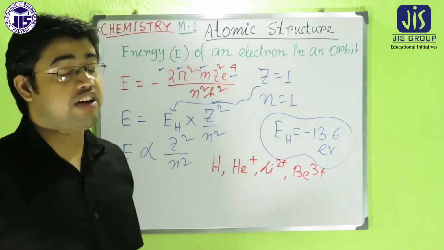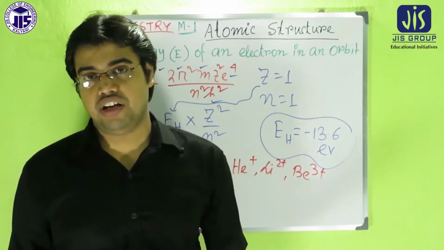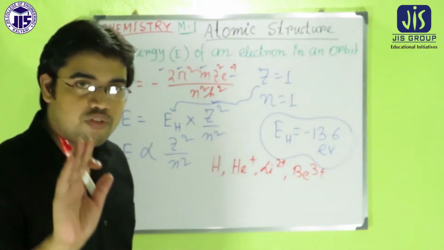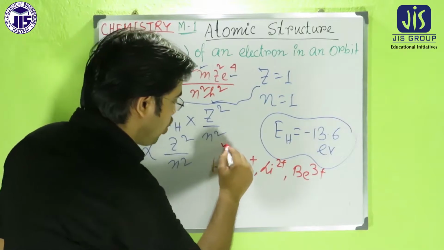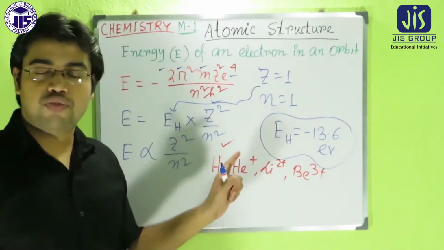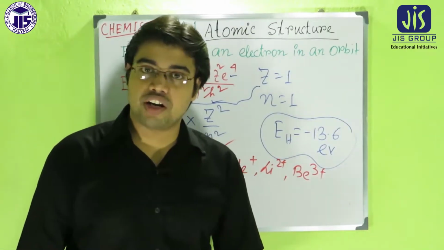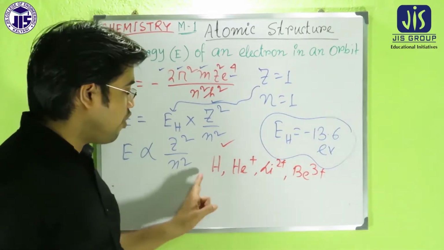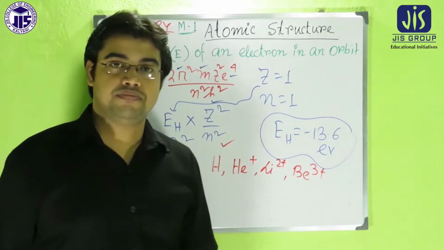Otherwise there will be no scope of practice in your case. So it's my request to all of my students that please pause the video here and try to solve what will be the order, either increasing or decreasing order, of the energy of the first Bohr orbit for those 4 cases.